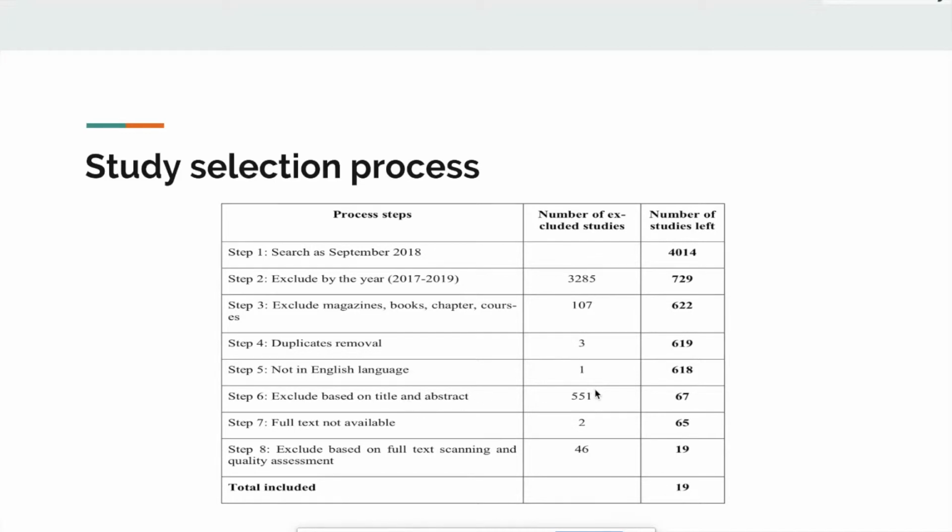After that phase, I had 67 studies, and then I removed the papers which did not have full text available, and then I excluded papers based on full text and quality assessment. Finally, I had 19 studies. These 19 studies I took into account in order to answer my research questions.